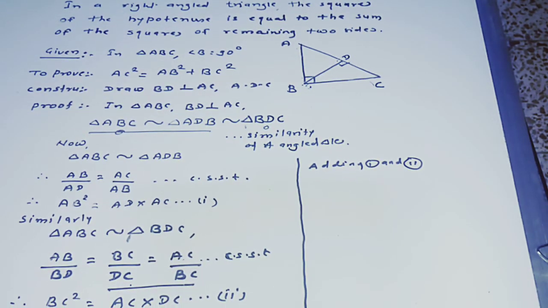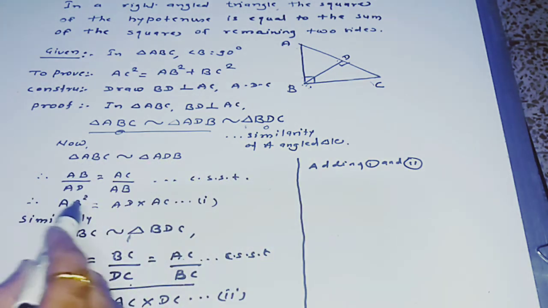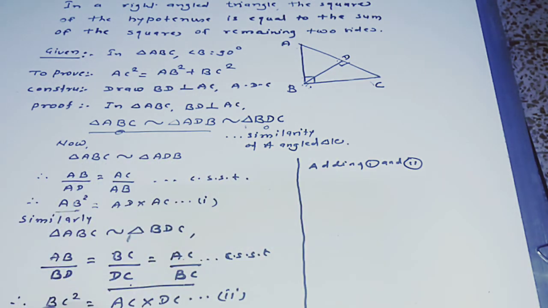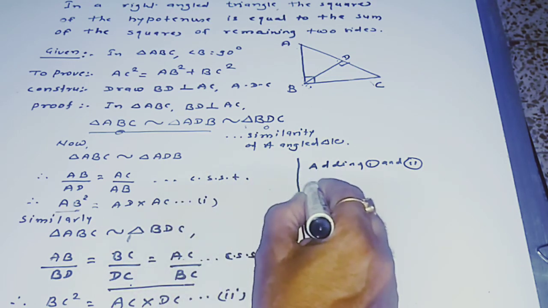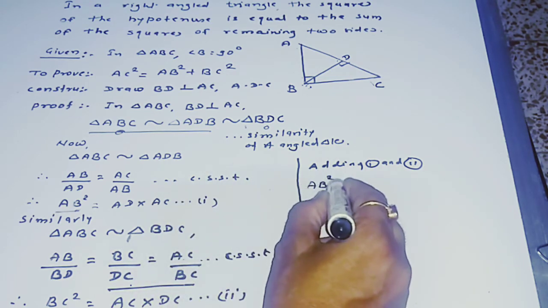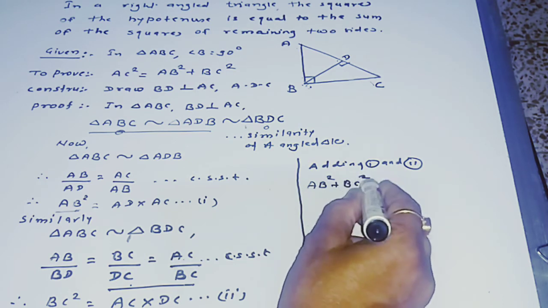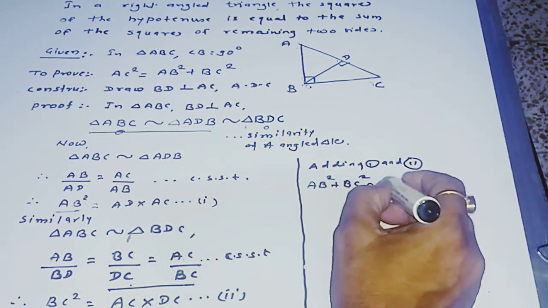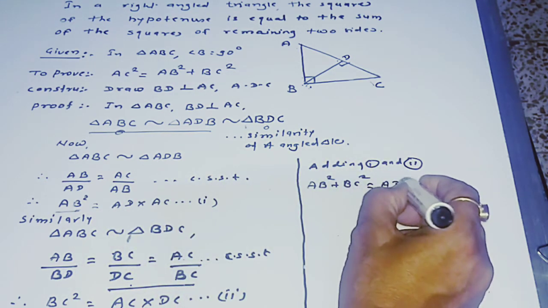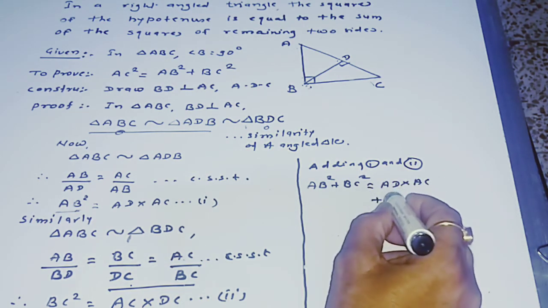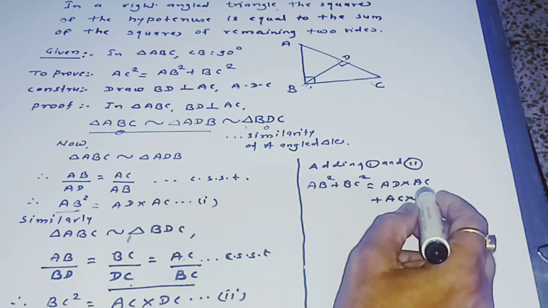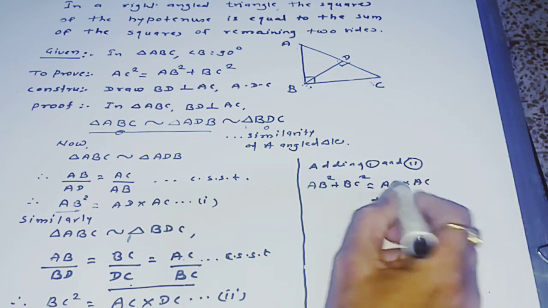AB square plus BC square is equal to AD into AC plus AC into DC.